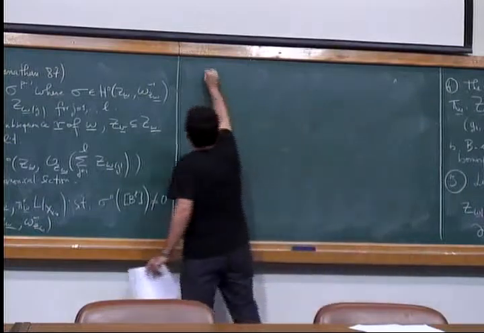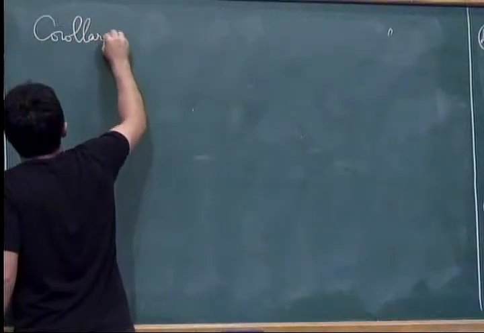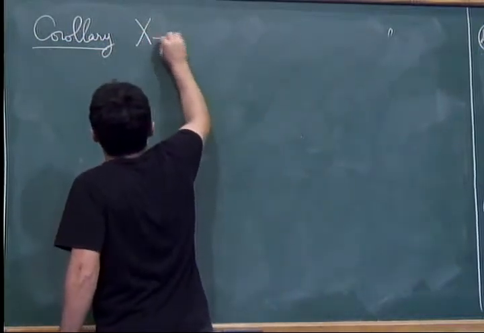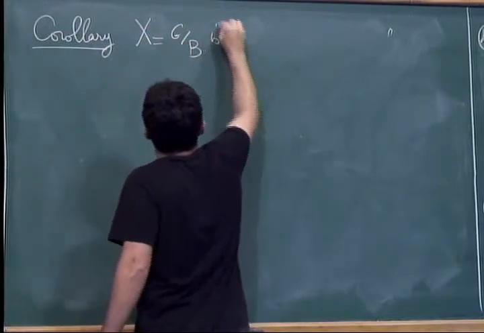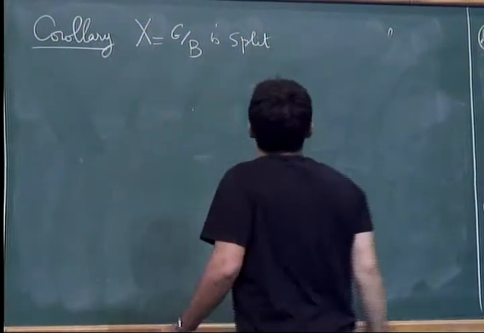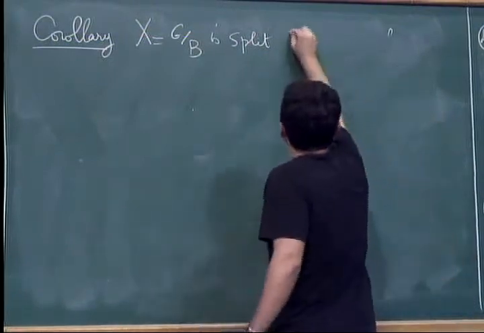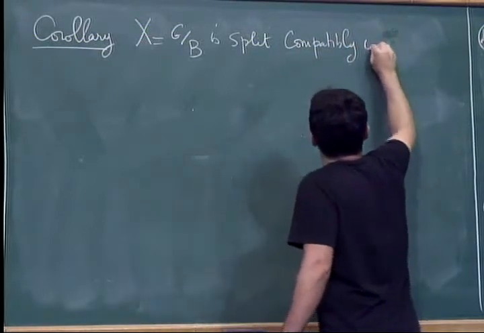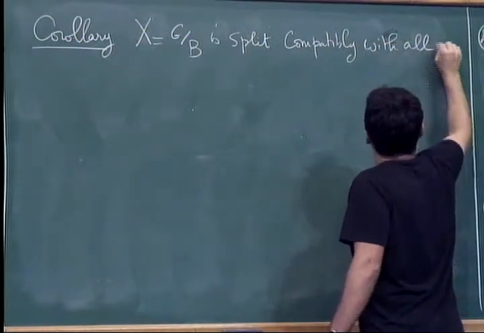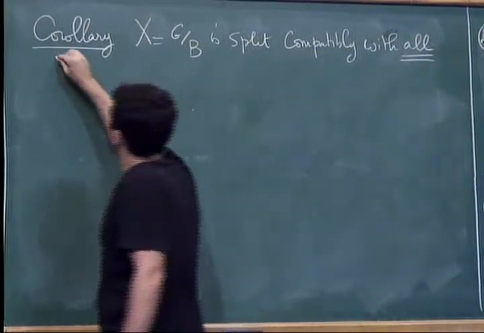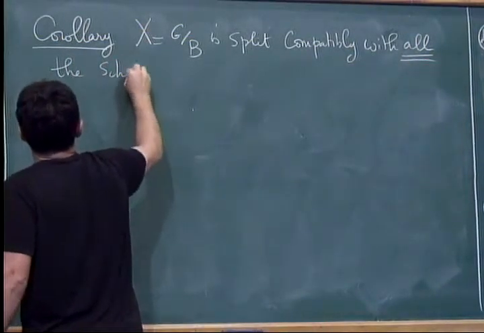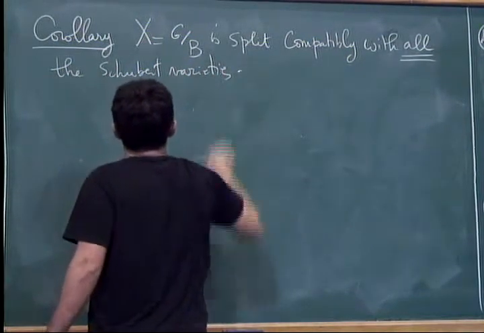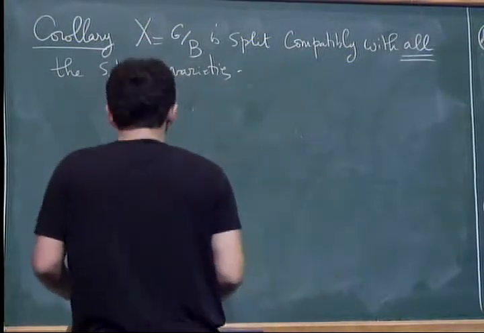As a corollary, X, that is G mod B, is split compatibly with all the Schubert varieties.